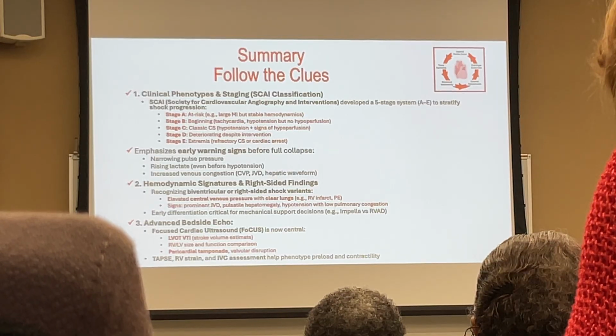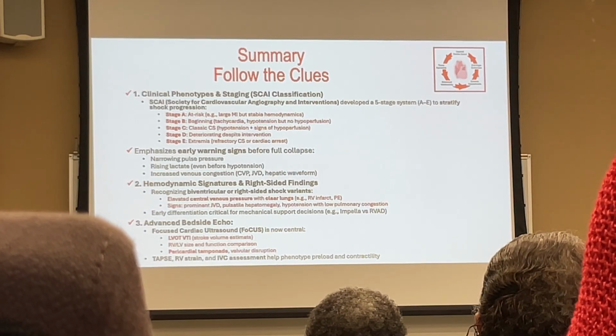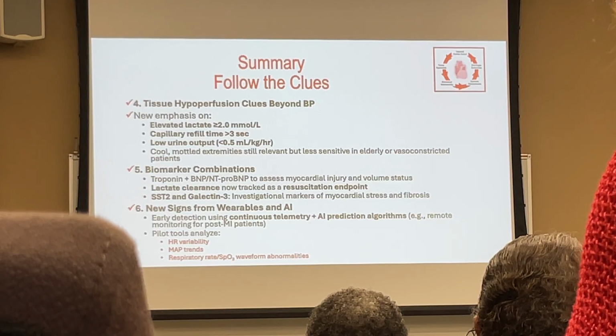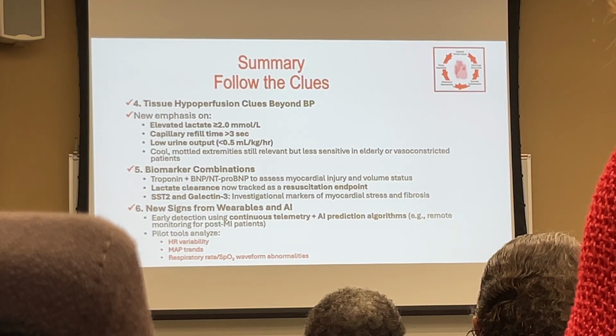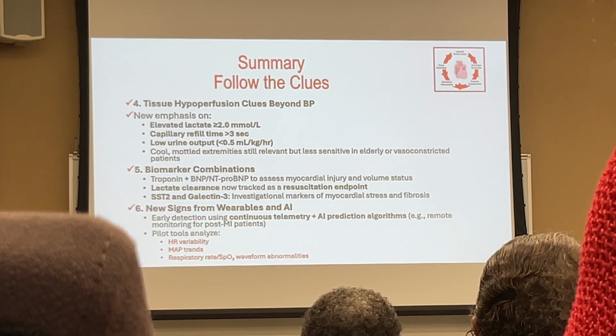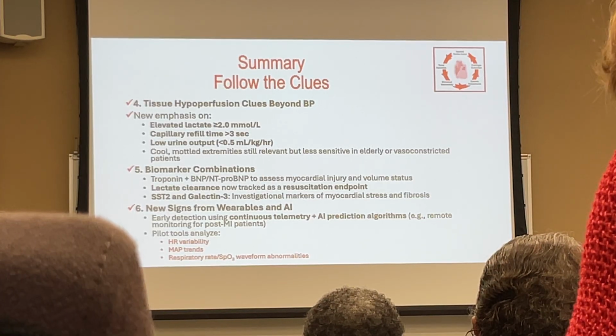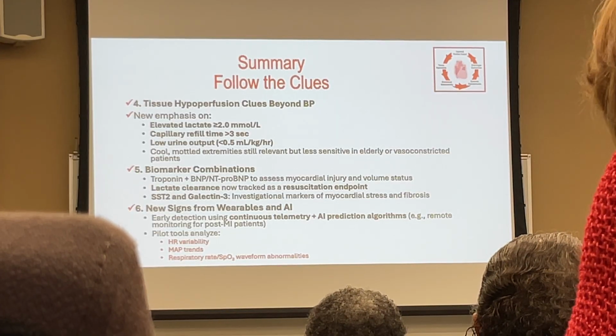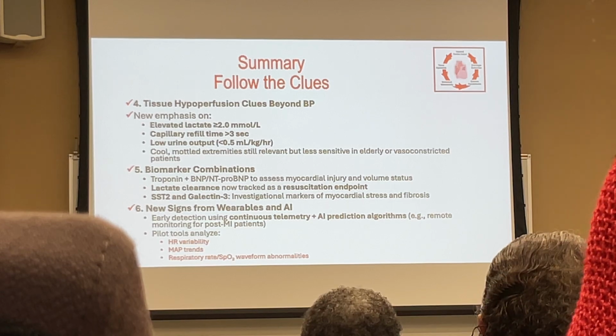How we look at that, thinking about our echocardiogram. And then following those clues for us as bedside providers, as bedside nurses, what we're going to focus on: capillary refill time, low urine output, low GFR, elevated lactate, just even mild elevation, troponin, BNP, and lactate clearance.